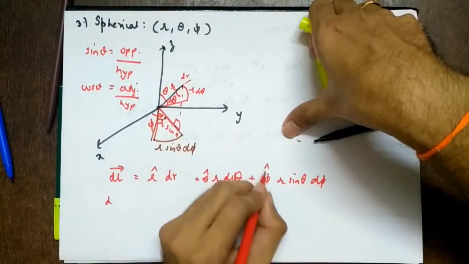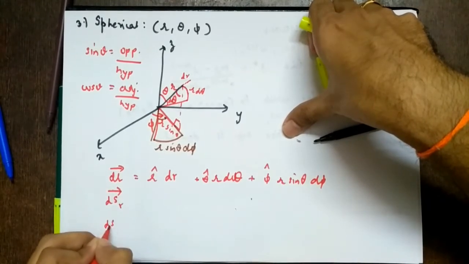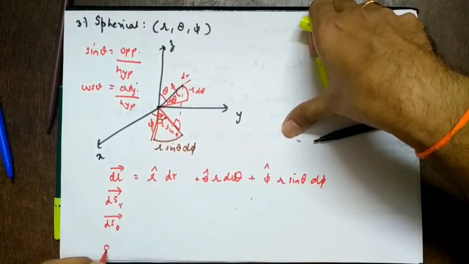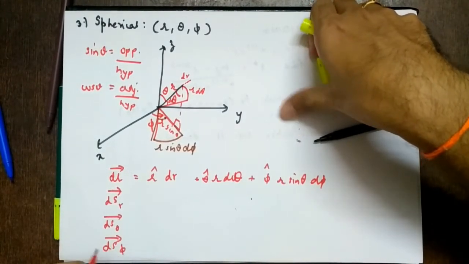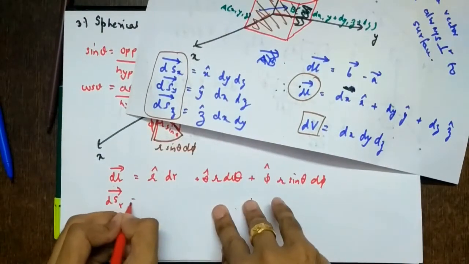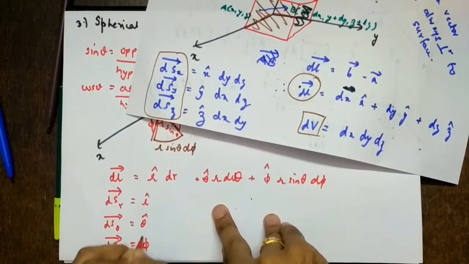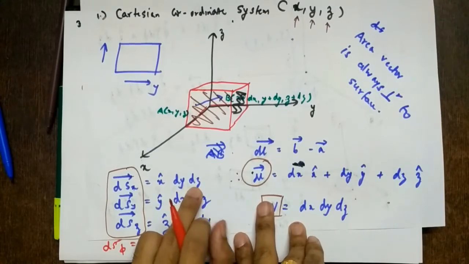So you have observed this has become complicated. So ds vector will also be complicated for r, theta and phi. But if you have understood, what is happening for ds? x, y, z, that is the vector. So this will also be the vector here. We saw in cylindrical also, right? For x cap, you have dy dz.